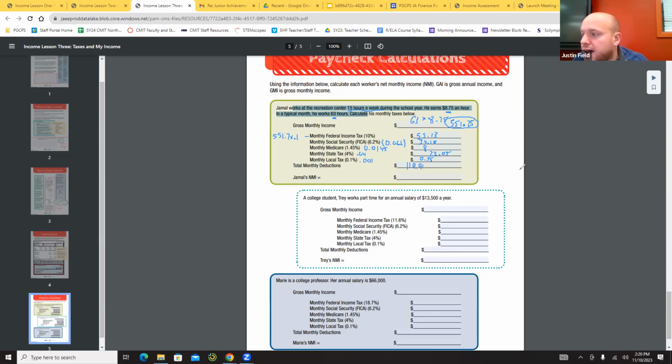And so we subtract that from 551.25, minus 119.91, 431.34. So that is an example of doing the actual calculation.